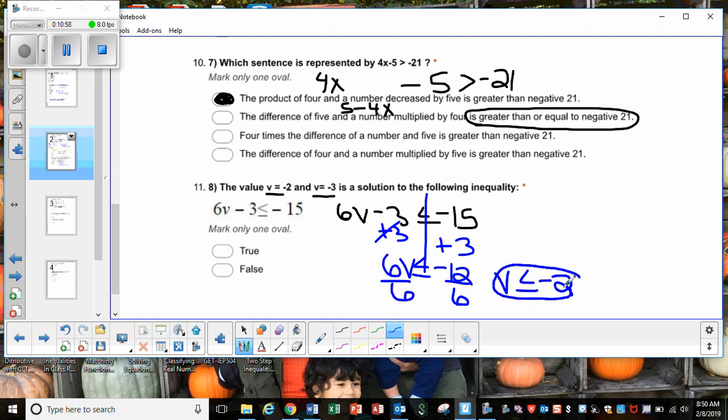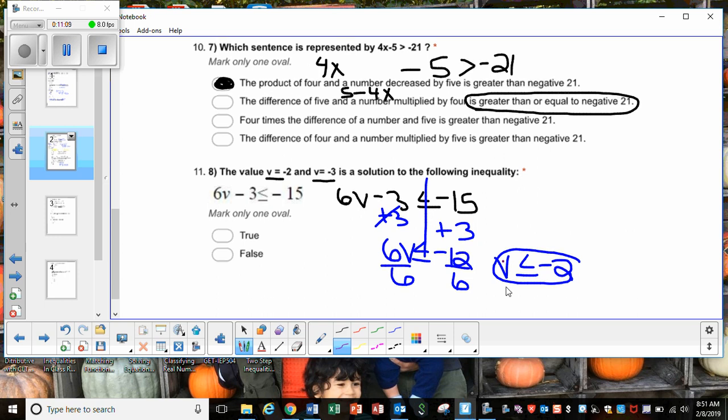If I go back to the statement, it says the value v equals -2 and v equals -3 is a solution to the following inequality. Well, let's first look at -2. Is -2 less than or equal to -2? Yes, it is. So that works.